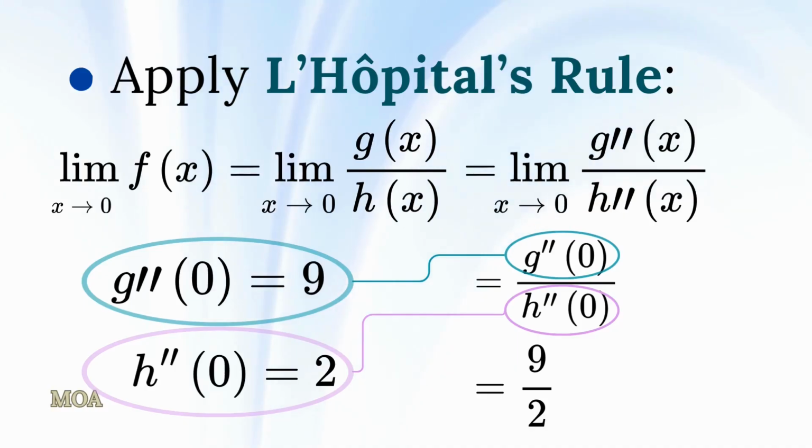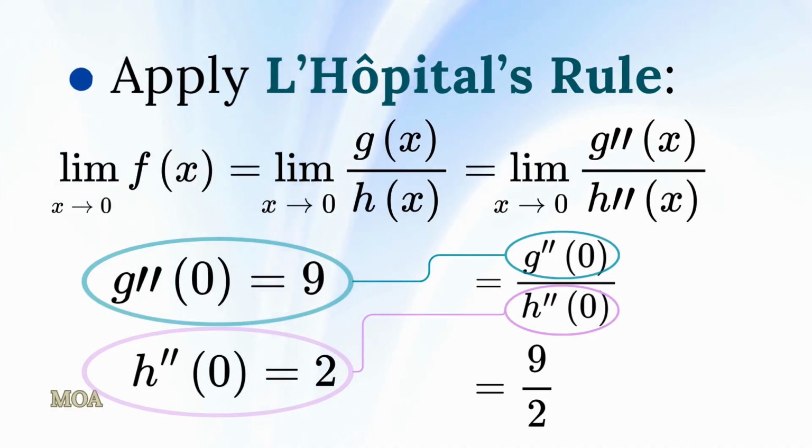As x tends to 0, the limit of f(x) equals the limit of the first derivatives, g prime of x over h prime of x. But since that still gave 0 over 0, we go one step further. The limit of f(x) as x tends to 0 now equals the limit of the second derivatives, g double prime of x over h double prime of x as x tends to 0.